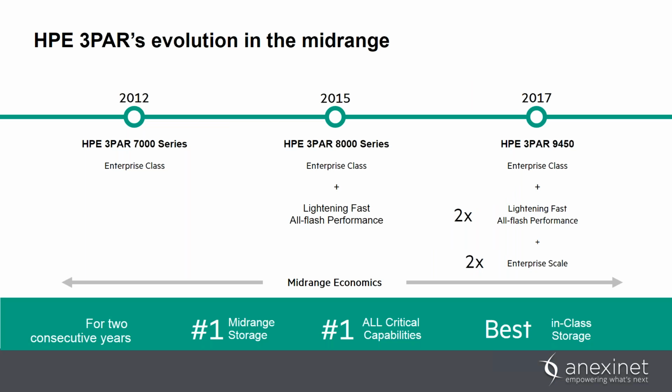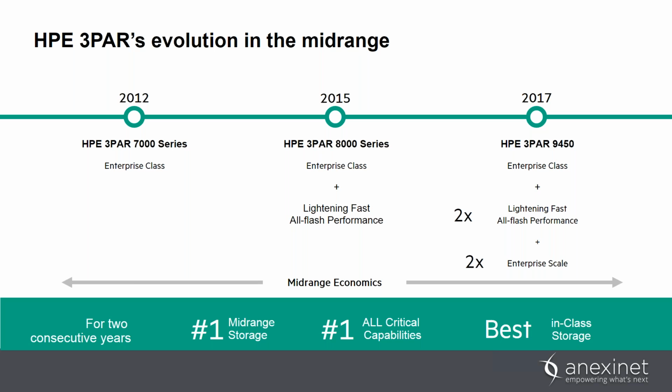This first slide talks about the 3-PAR evolution in the mid-range. Starting back with 2012 with the 7000 series, through 2015 when the 8Ks were announced, and through today the new 9450 3-PAR in 2017.